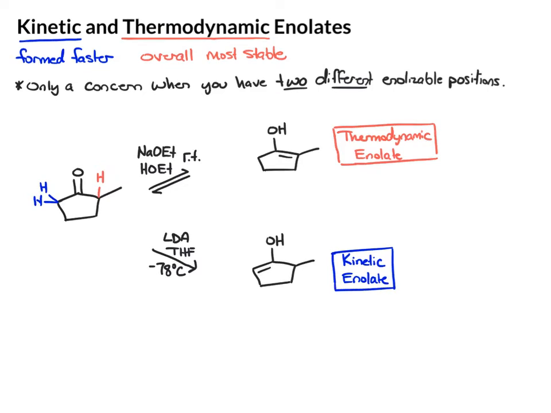So we want to think about why we get these particular products under these particular conditions. This kinetic product, let's start with it. It's the less substituted double bond. Okay, just to review double bond substitution, this double bond has 1, 2, 3 non-hydrogen groups attached to it. That's tri-substituted.